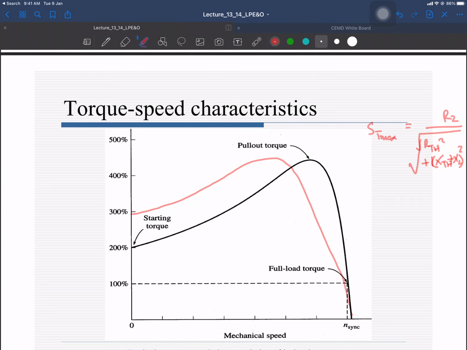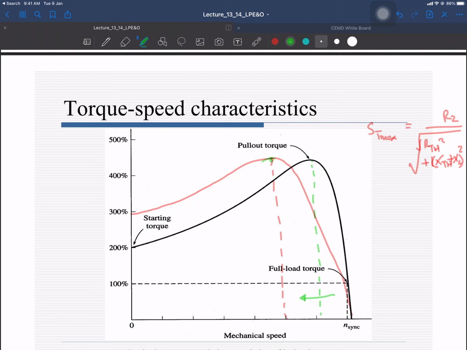So if we change R2, it is directly proportional to that one, and if we increase R2, slip will increase. Increase of slip means we are moving the maximum torque point towards the left.